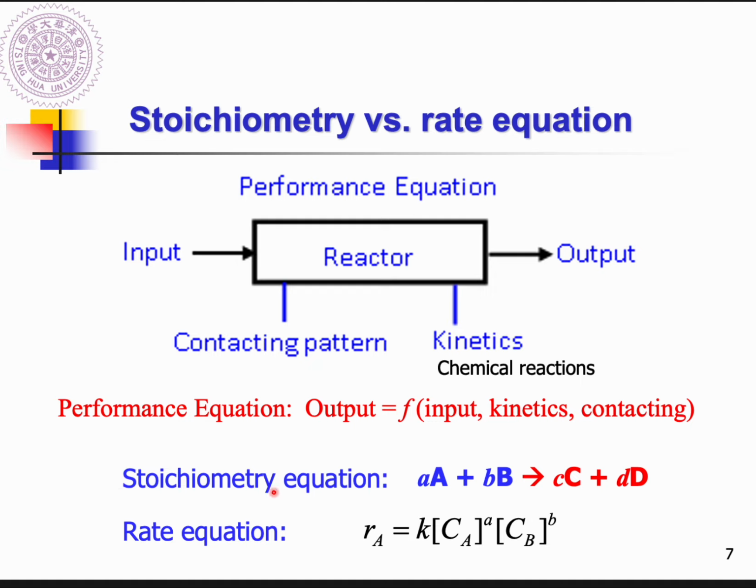If it is a stoichiometry equation, then the rate equation can be expressed like this: the consumption rate of reactant A equals the rate constant times the concentration of reactant A to the power of its coefficient, times the concentration of reactant B, and the overall reaction order will be the same as the stoichiometry.